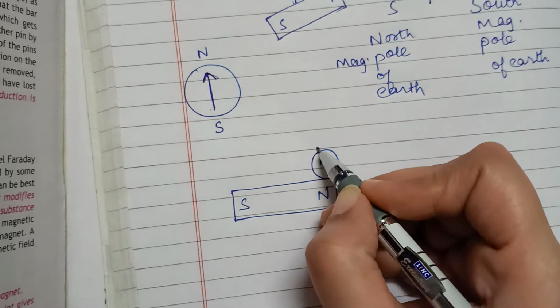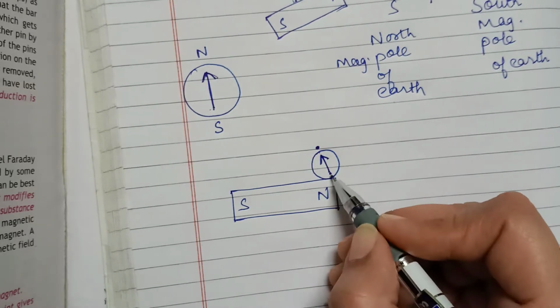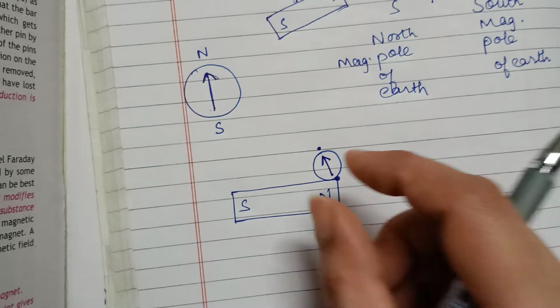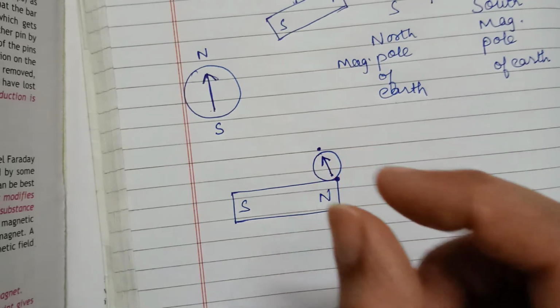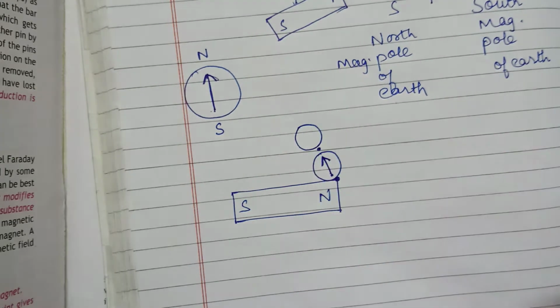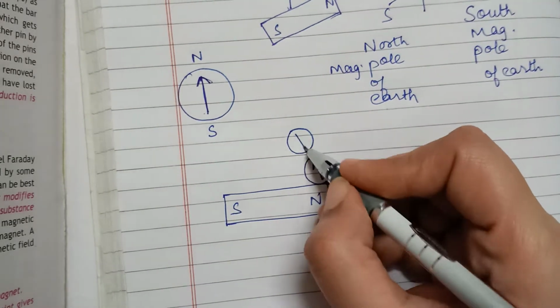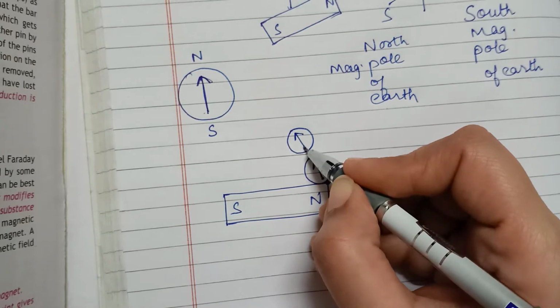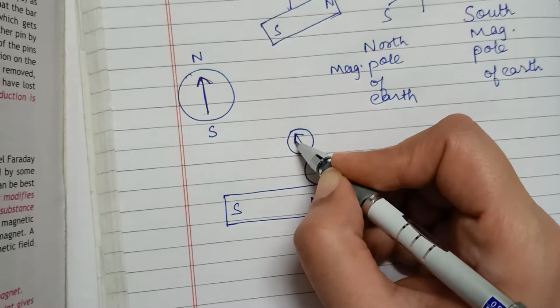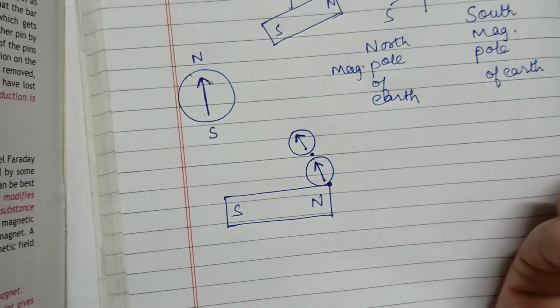I mark the head with a point and the tail with another point. Then I remove this magnetic compass needle and keep it in such a way that the tail of this needle coincides with this point and the head rests in any direction.